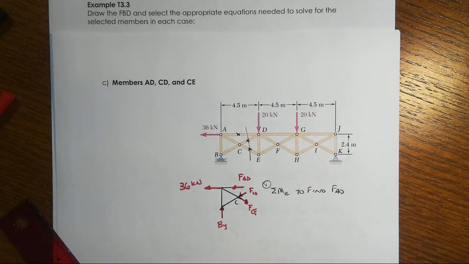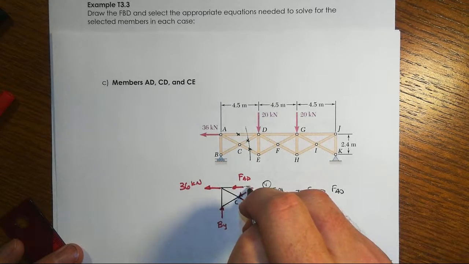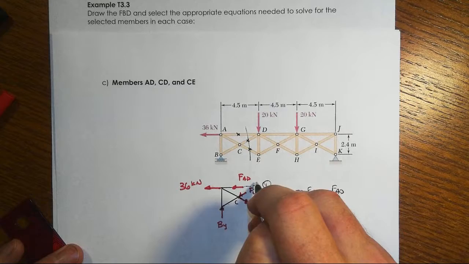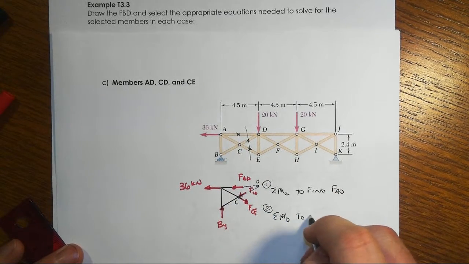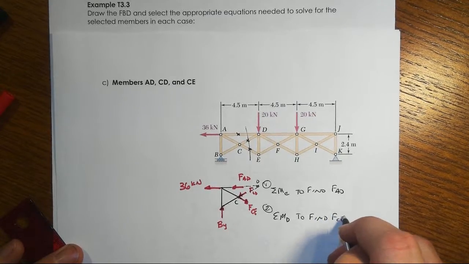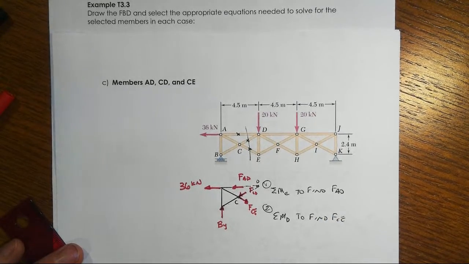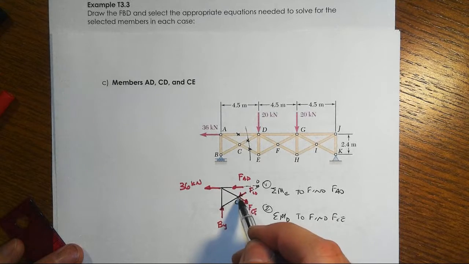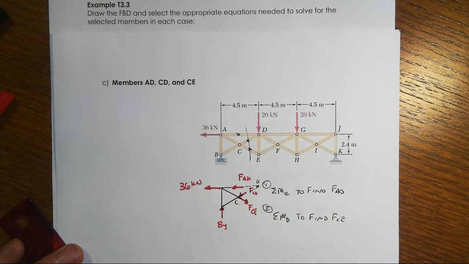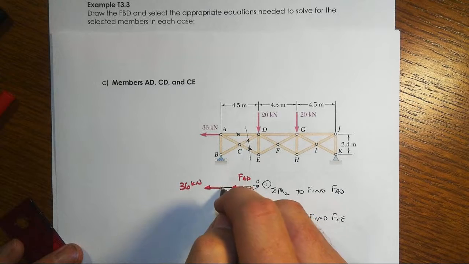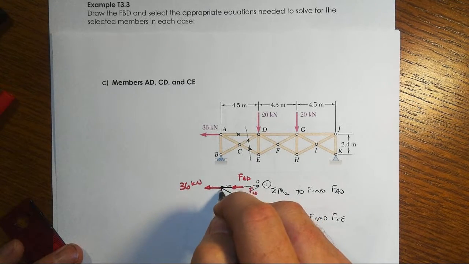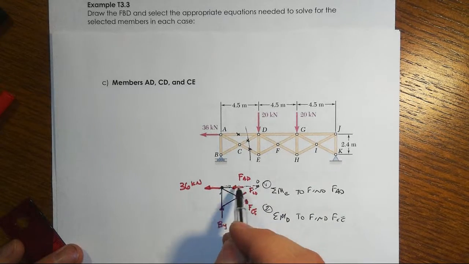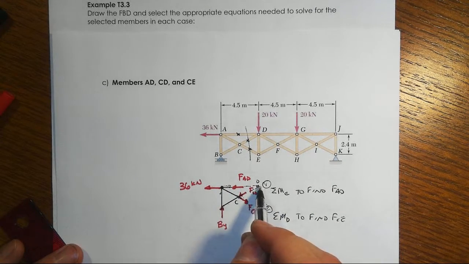Now what do we do? Oh, hey, if that worked out, why not sum moments about point D, and then we can find CE. When I do that, you can resolve CE into two components at point C if you want to. What I would do is slide it back up to point A, break it into two components, and note the moment arm of the Y component is going to be really easy.